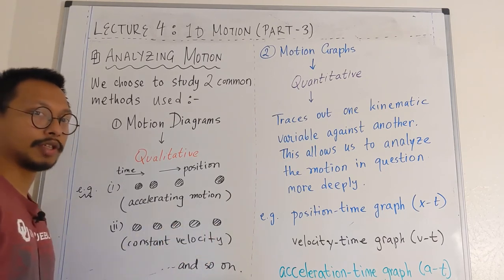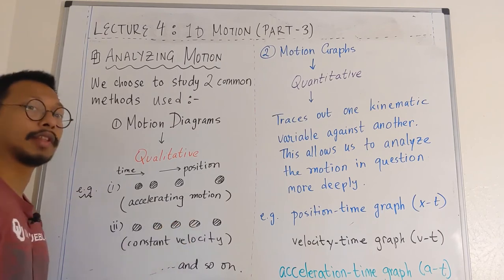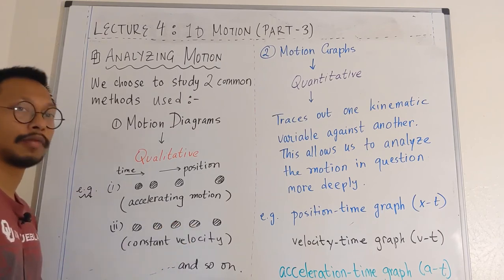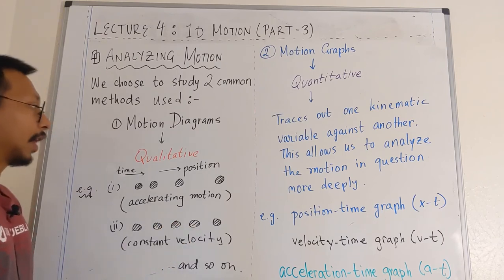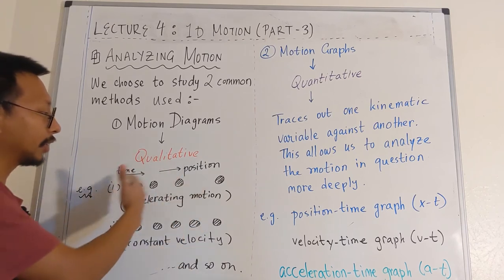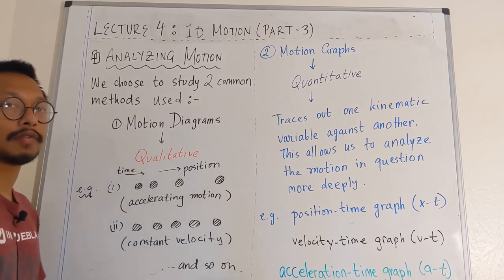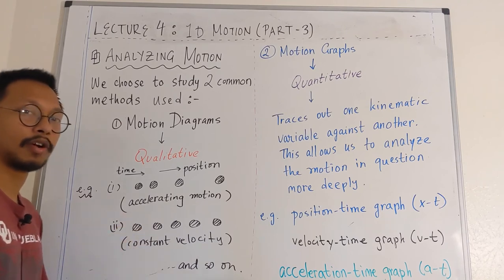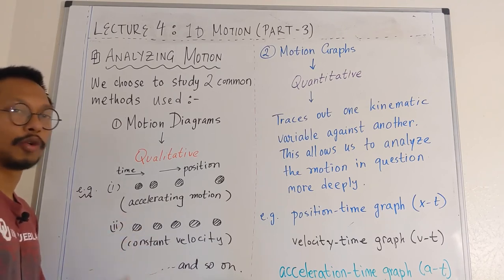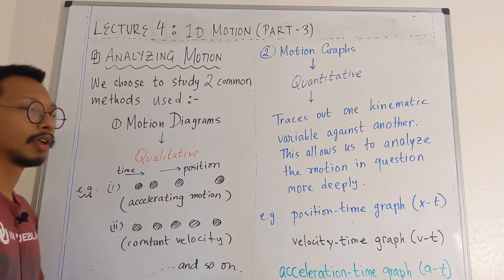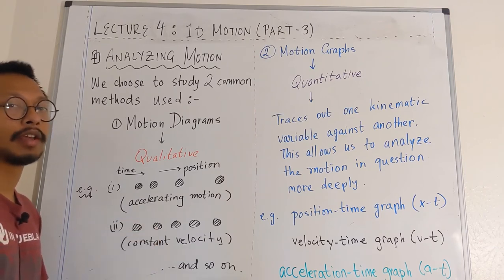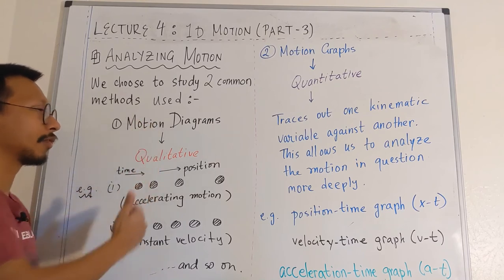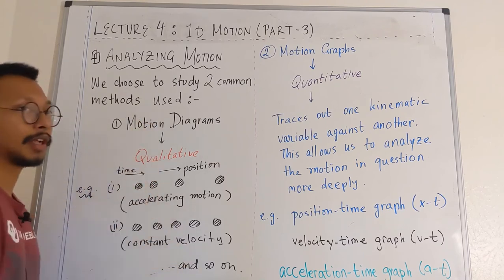So the position change is uniform in time, and we can say this is motion with constant velocity. Okay, by looking at these diagrams we can see that we are qualitatively analyzing its motion. We are just saying whether an object is accelerating or moving at a constant speed or not doing anything. We are not mathematically defining any kinematic variables in this kind of analysis. That's why it is a qualitative analysis.